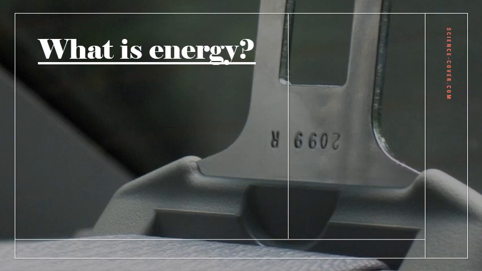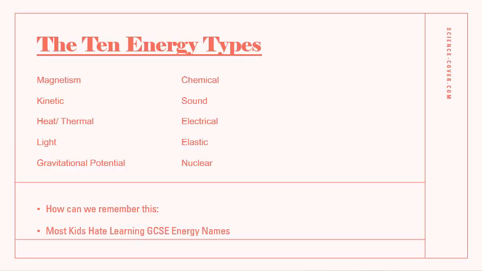This idea is very difficult to explain in physics as we start off with one thing, light, and it turns into something else, heat. So the idea of energy is used to describe this change in form. So energy is not one thing, it is a list of things, and we can change from one form into another. There are 10 energy types.